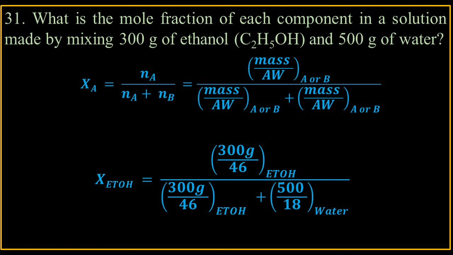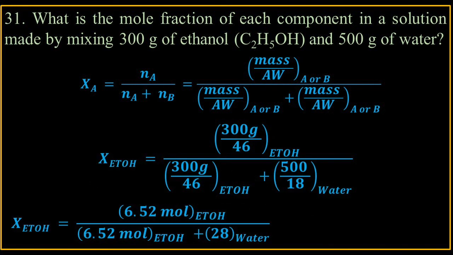The first one we're going to do is ethanol, and it's going to be the moles of the ethanol, because that's what we're looking for, divided by the moles of the ethanol plus the moles of water. And then we'll do the same thing for water. Now you know that a mole is mass over atomic weight, so that's how you get that value. That's right out of the book.